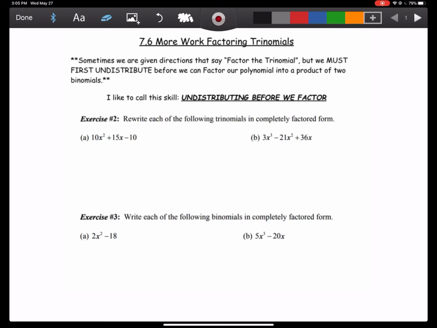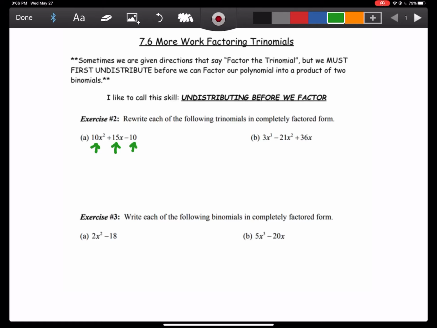So let's take a look at exercise 2. These are Kurt's examples, but I think you might find that I do things just a little differently. So the first thing I'm going to notice is I want to examine each of the terms, okay?